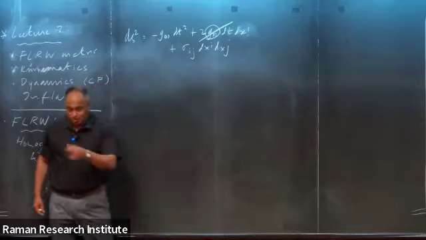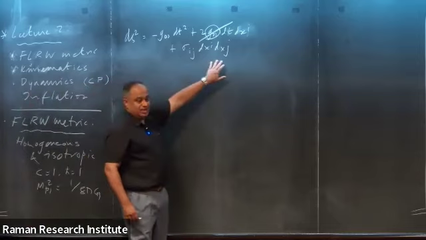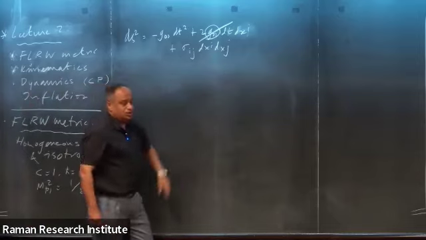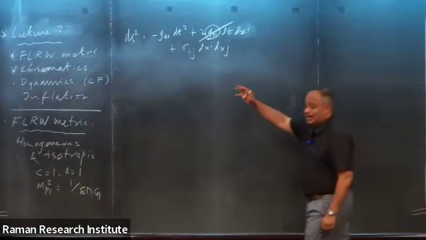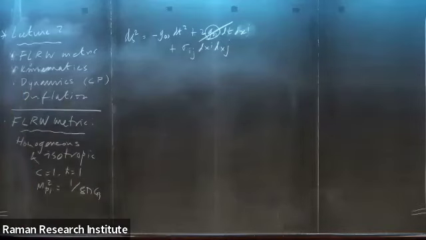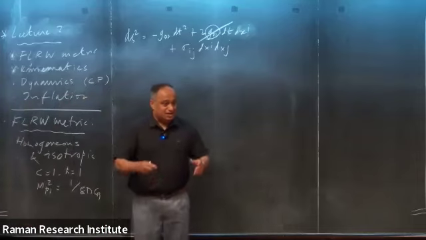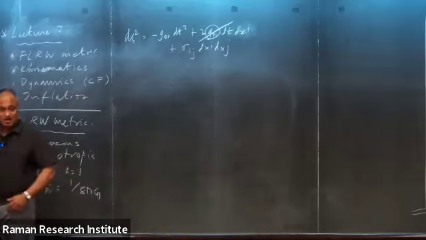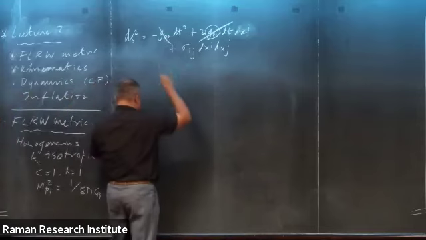If I talk of an observer whose dxi is 0, then this will be 0, and ds squared is g00 dt squared. I can write ds squared as d tau squared, tau being the proper time in the frame of that observer. I'm choosing that to be the cosmic time. In other words, t is tau for an observer sitting on a galaxy and taking part in the expansion. In other words, I'm setting g00 to be 1.